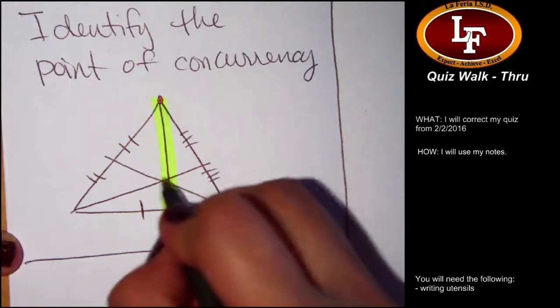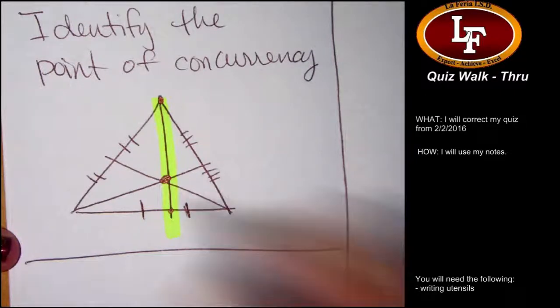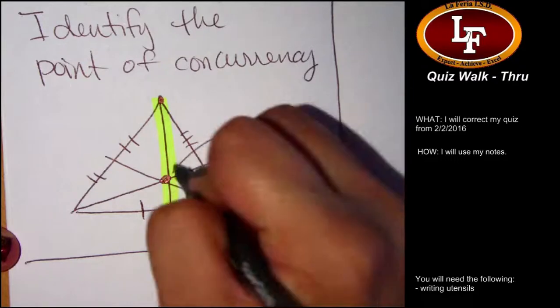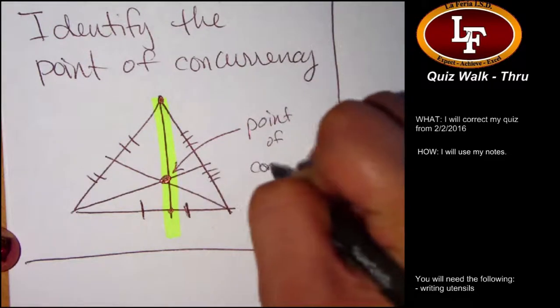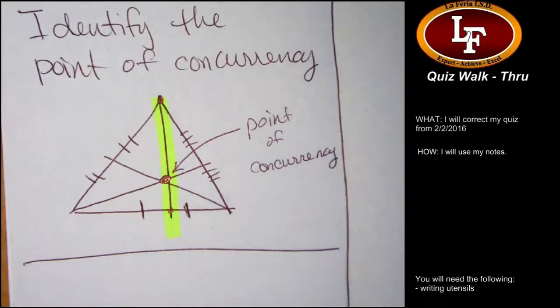Yeah, and I got a lot of this. You located it. Good job. Like this. You located. I located. Yeah, I don't need a location. I want it, and then I got some of this too. Yep, you located it. That is indeed the point of concurrency, but which one? Is it a centroid? Is it an orthocenter?